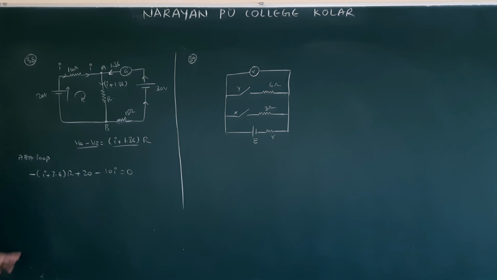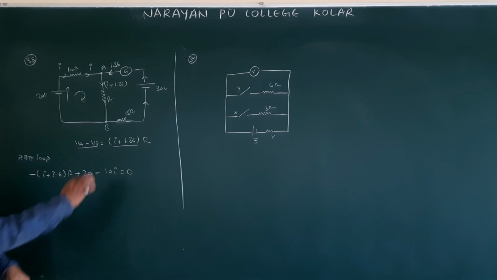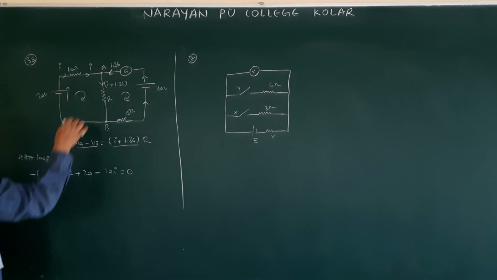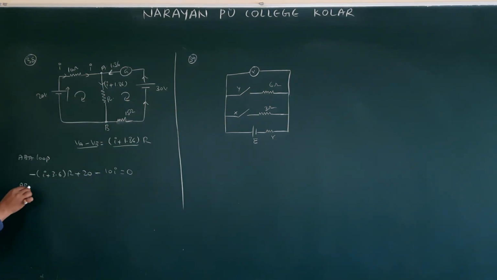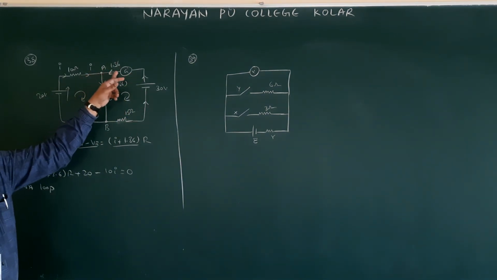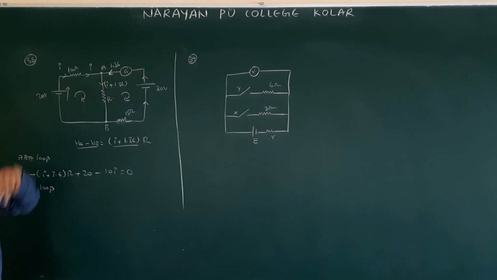Next, another one. In this equation we want the value, but here we don't know the I value. Next, in this other loop we can take A, B, A. For the A, B, A loop, like this we are moving, and the current direction is like this.